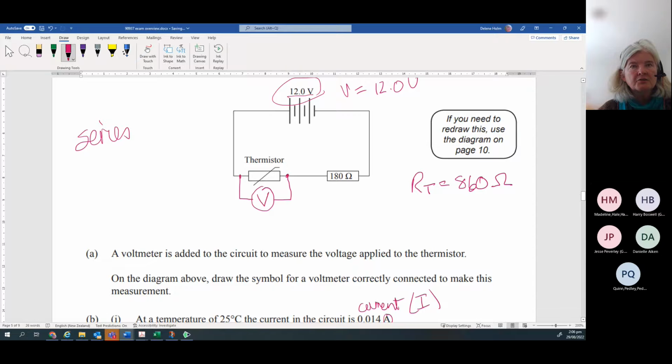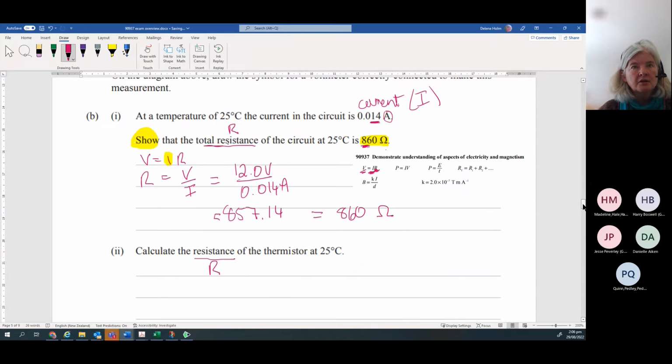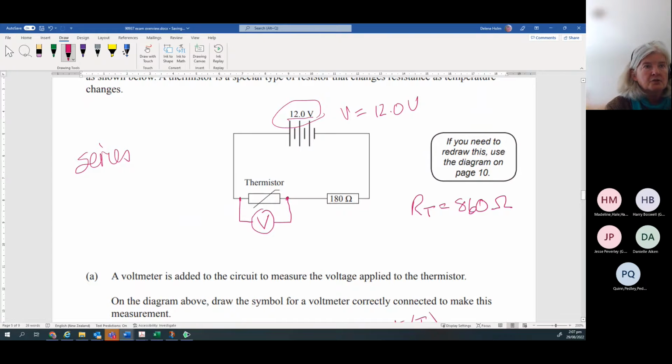And we also know from this formula that R total in a series circuit is the sum of all the resistances in the circuit. So the 860 ohm is equal to this R2 and this R1 resistance. So if I want to work out R1, then it's just R total subtract R2.